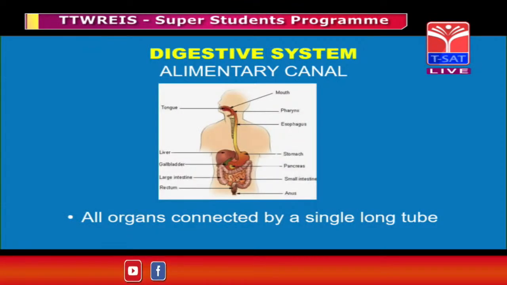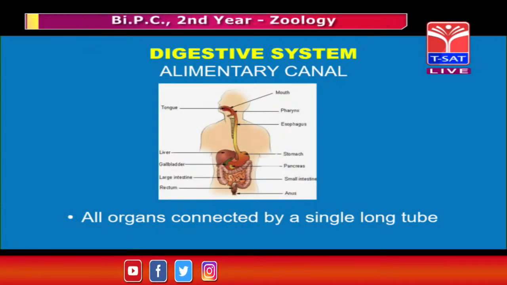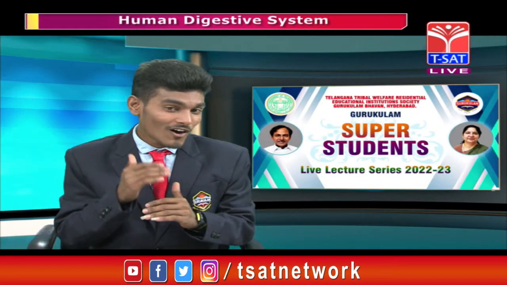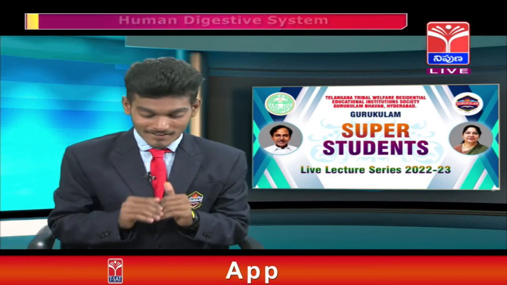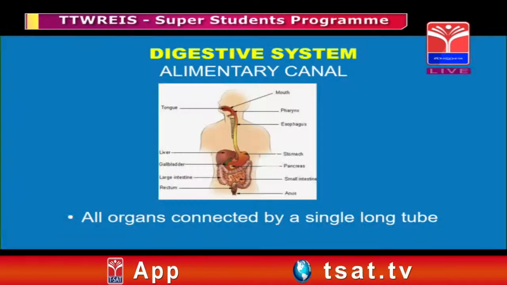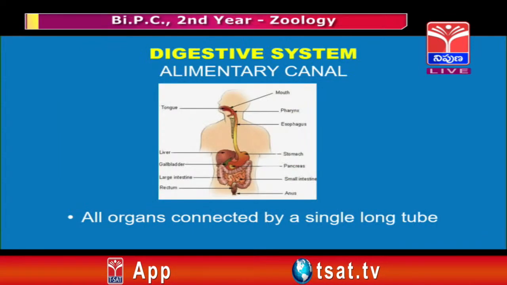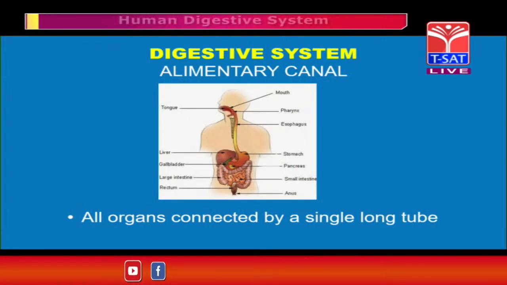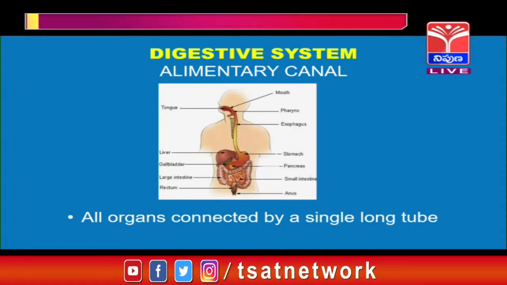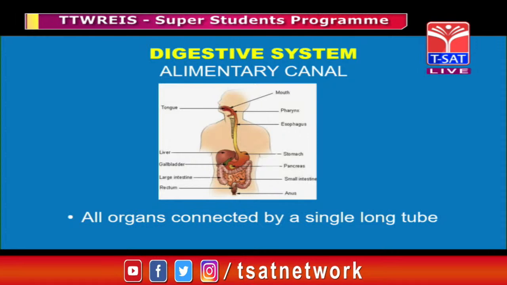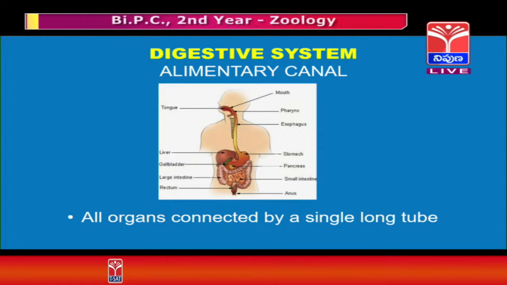What is the first part? Yes, the mouth. The mouth is the first part of the alimentary canal. And what is the mouth? Yes, the upper lip and lower lip are called the mouth.